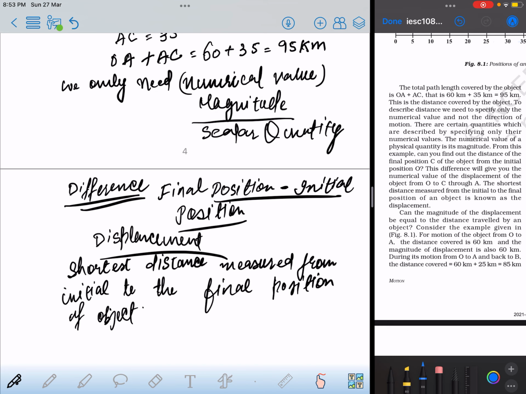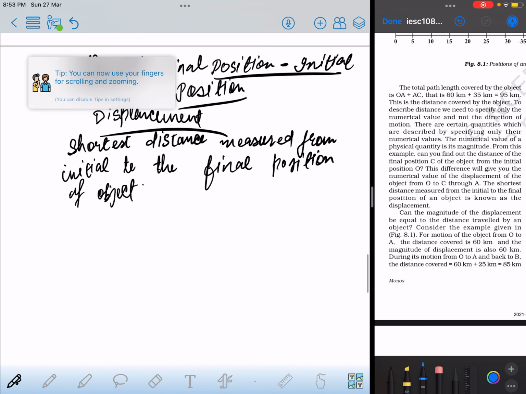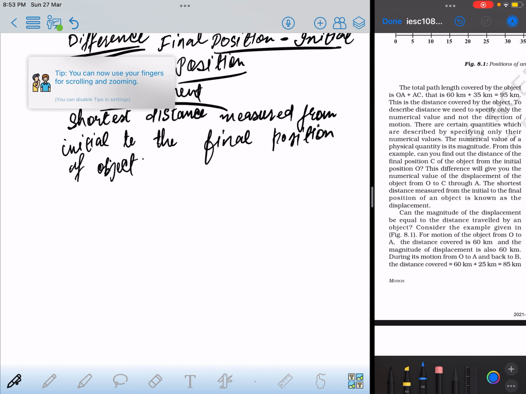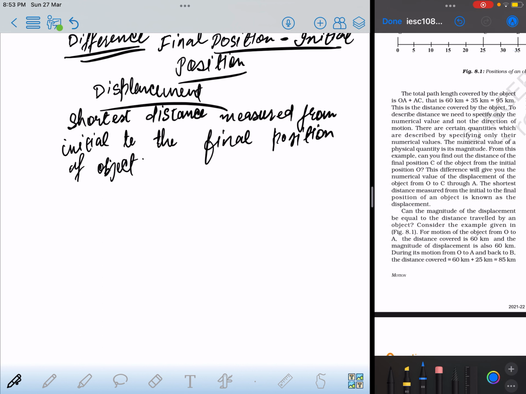Now it asks a question: can a displacement be equal to the distance traveled by the object? So he is asking us, can distance and displacement have the same magnitude? He is considering an example again.